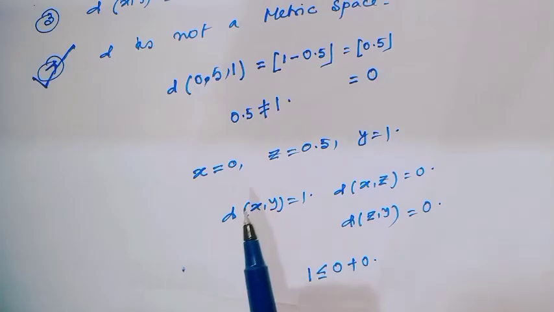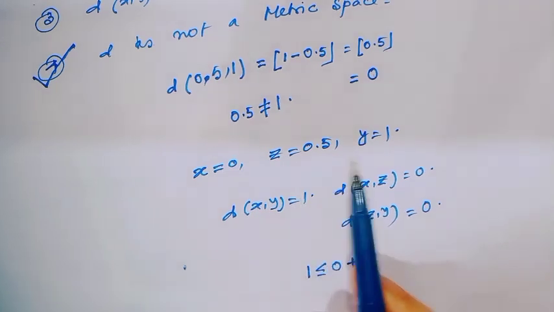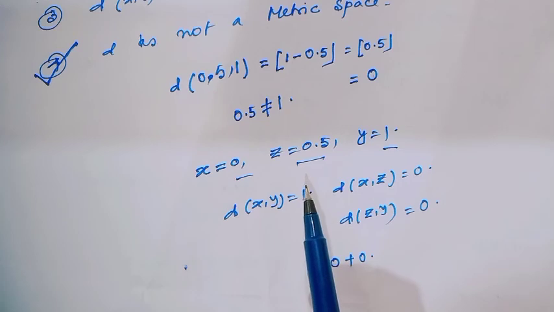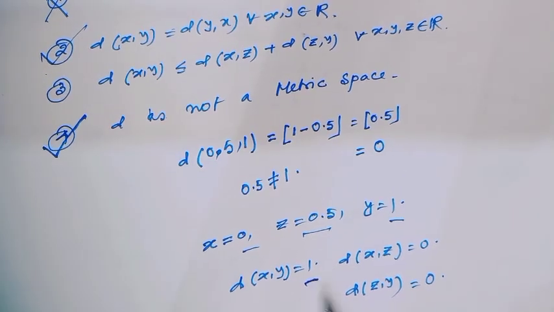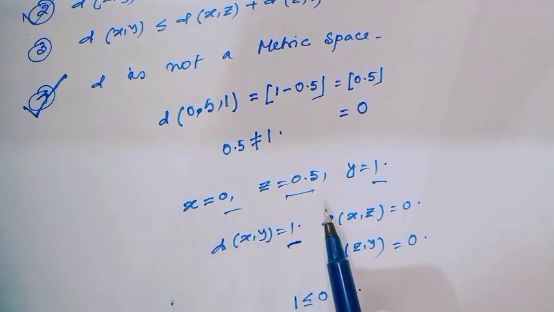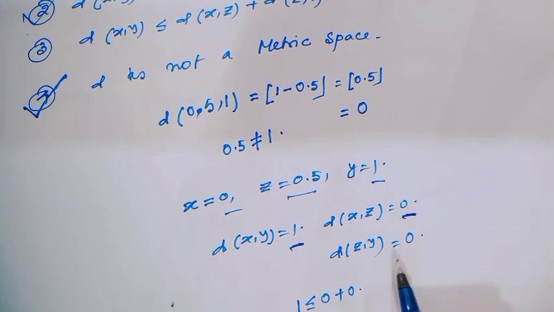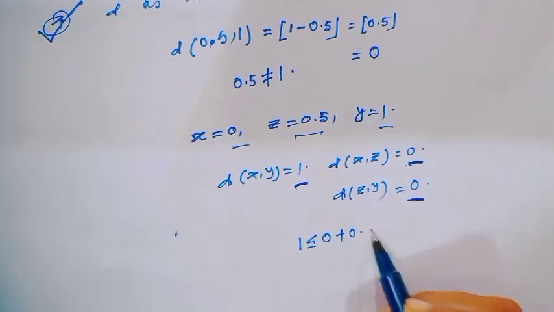Now let's see, does it verify the triangle inequality? Similar to before, for the triangle inequality, consider 3 points x equal to 0, z equal to 0.5 and y equal to 1. And D of xy equal to box of x minus 1, this is obviously equal to 1. And D of xz would be 0.5, that means box of 0.5 equal to 0, and D of zy also is 0.5, box of that means 0, and that means 1 less than or equal to 0 plus 0, that means 0.